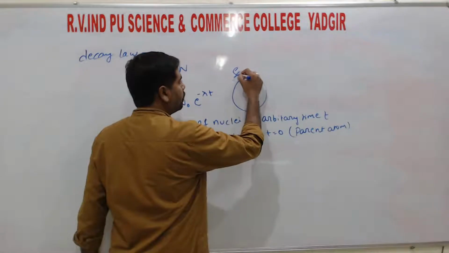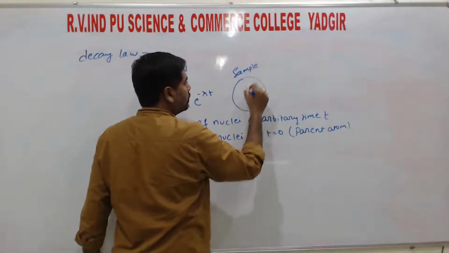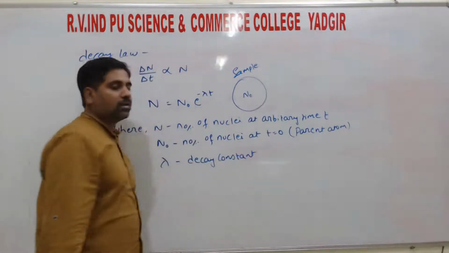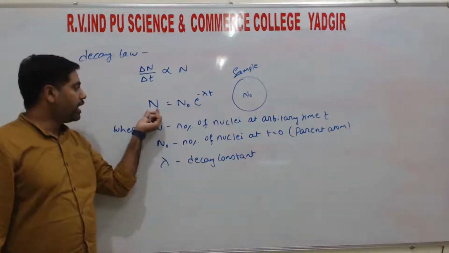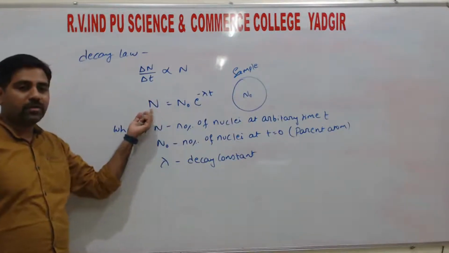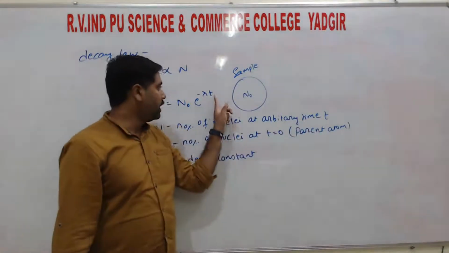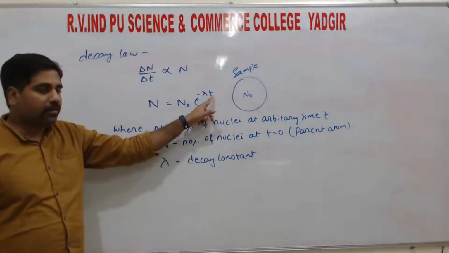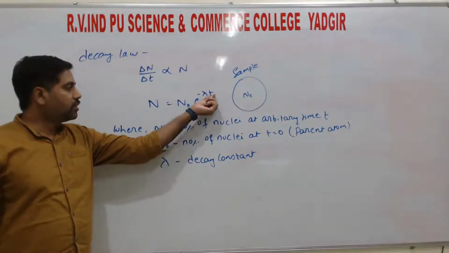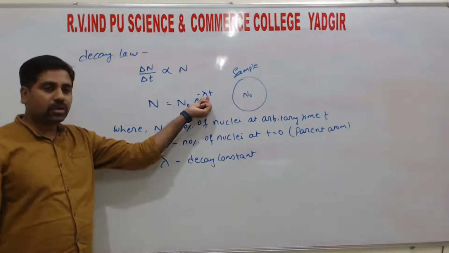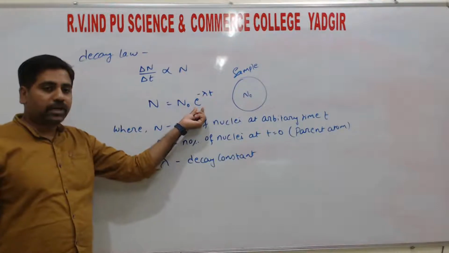If you consider this as the sample, this sample consists of a constant number of nuclei. That is N naught, right? N is the number of nuclei at time t. Here N naught is the constant and N varies with time. Lambda is also a constant.